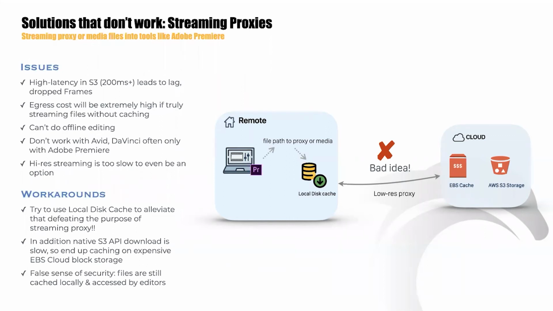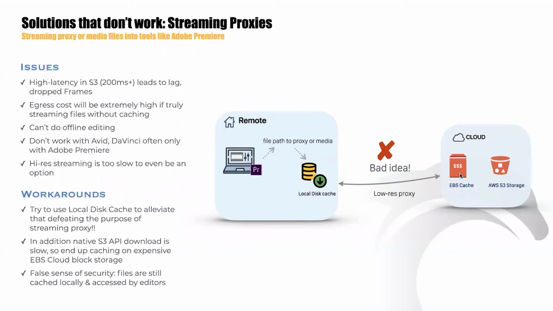The other problem is that since the S3 or the cloud storage APIs are very slow, and the solutions don't want to deal with the latency, and it's not easy to deal with that, they also end up committing this worst sin, which is to copy all this high-res content into expensive storage like EBS block storage. And this can be like 10x or 4x the cost of S3.